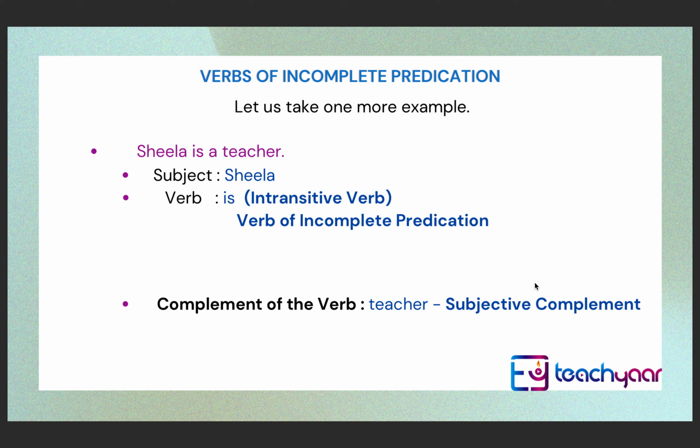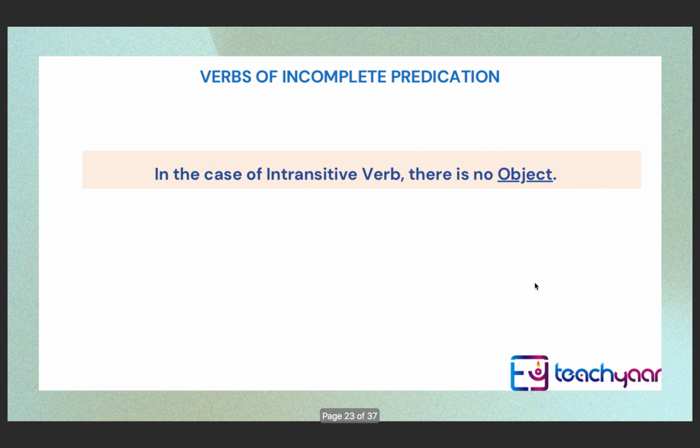Because there is no object, the complement describes the subject. So, it is a subjective complement. So, now what is the predicate? Is a teacher. So, we have the complete sentence now. Subject is Sheila. Predicate is a teacher.